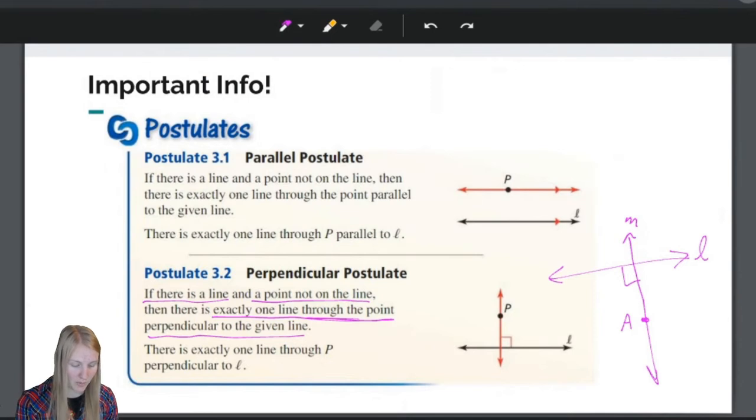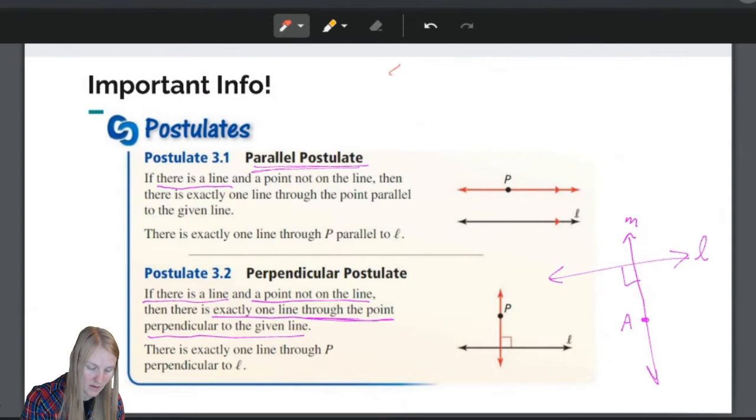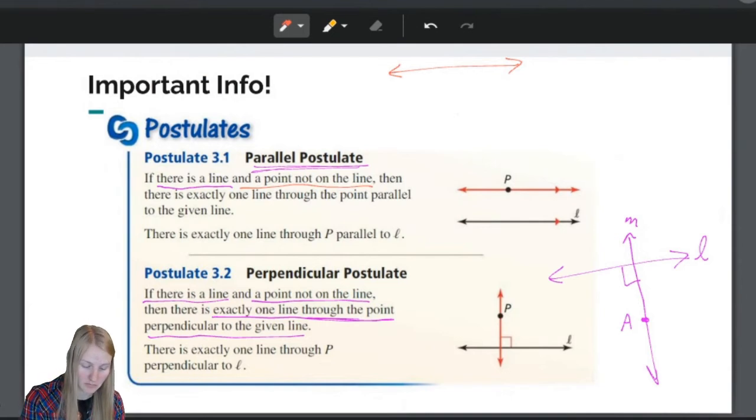Now the parallel postulate says something very similar. If there is a line, we'll do this in a different color. If there is a line and a point not on the line, then there is exactly one line through the point that is parallel to this line.